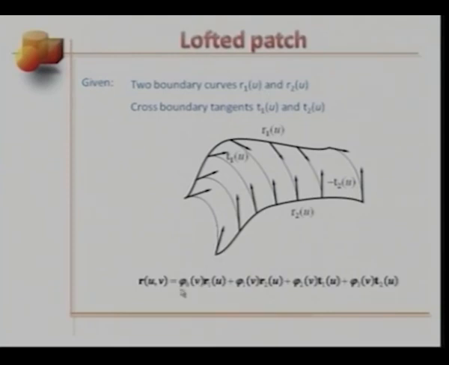Any guess as to what phi 0, phi 1, phi 2 and phi 3, all as functions of v, can be? You are right. These are the Hermite polynomials, the Hermite cubic polynomials that we had seen in case of Ferguson segments.